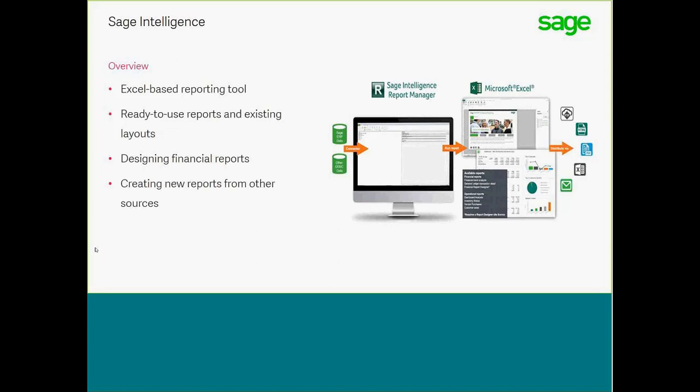Now, we also give you the ability to create new reports from other sources. So let me break this down a bit. There's the ability to create new reports from other tables within Sage, your Sage 100, your Sage 500. So you think about those user-defined fields. You can create reports that include user-defined fields.